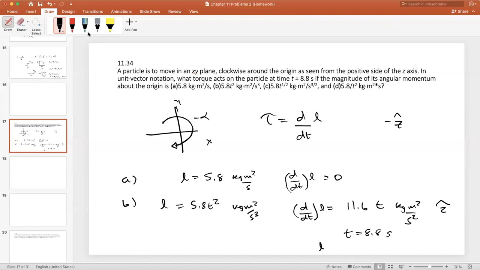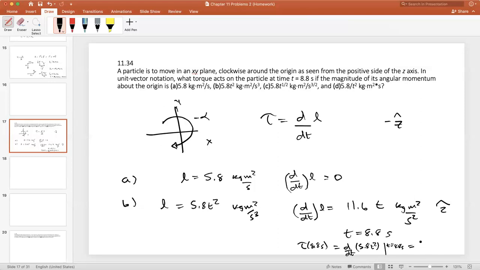The torque at 8.8 seconds is d dt of 5.8 t squared when t is equal to 8.8 seconds.